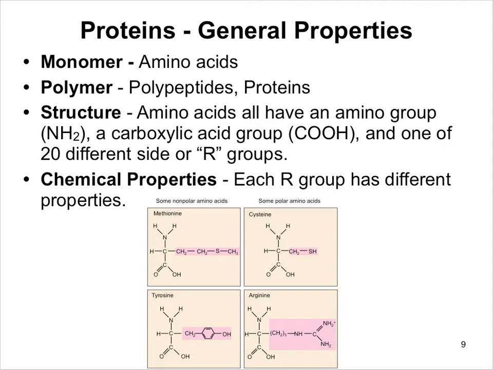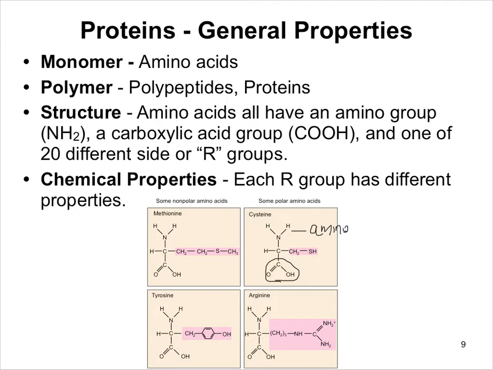As far as the structure of the chemical, almost all amino acids are based around a similar structure, and it's very easy. On one side, see that NH2 group? That is called an amino group, or an amine group.